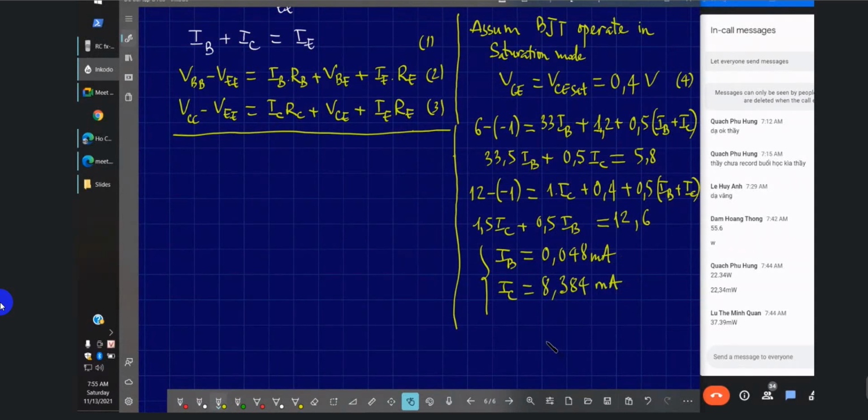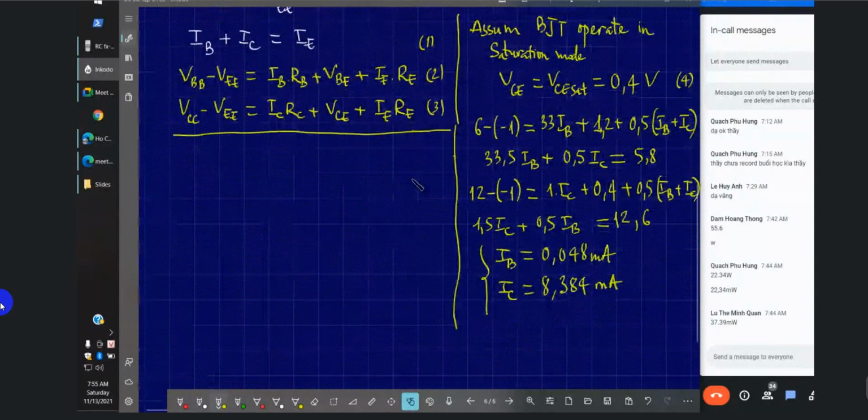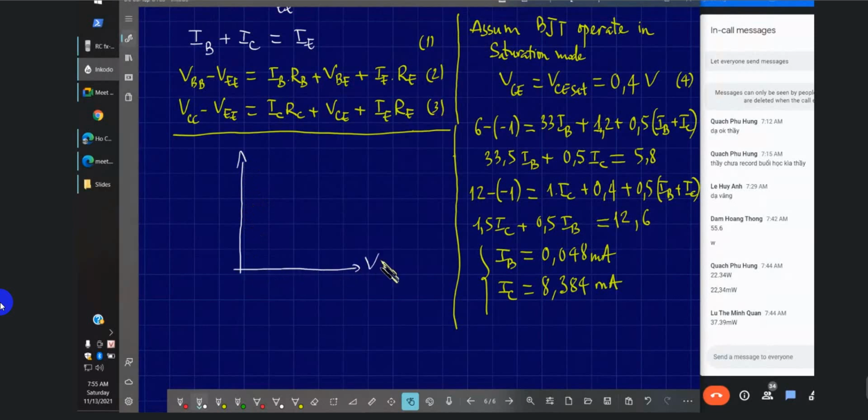Remember we made the assumption that the transistor operates in saturation mode. I might redraw it right here for you to check. If you don't remember, you can redraw this one: VCE, IE.